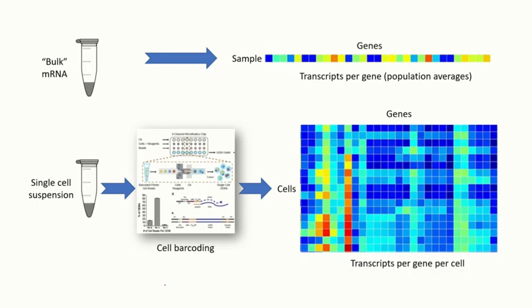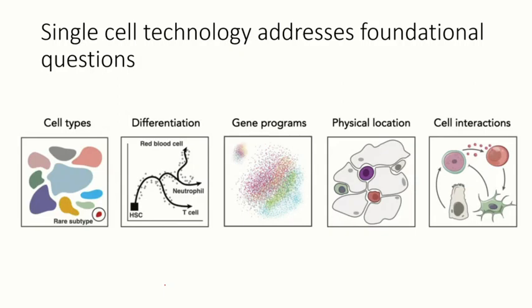There's no way we can do cell-cell communication analysis if you only have one sample that's a mixture of all the cell types. But now we can have this analysis, which is one of the main areas in which you can take advantage of this technology advance.